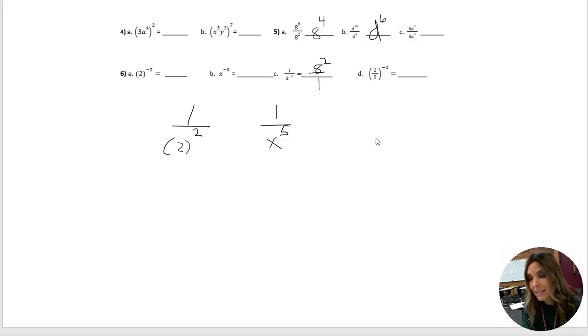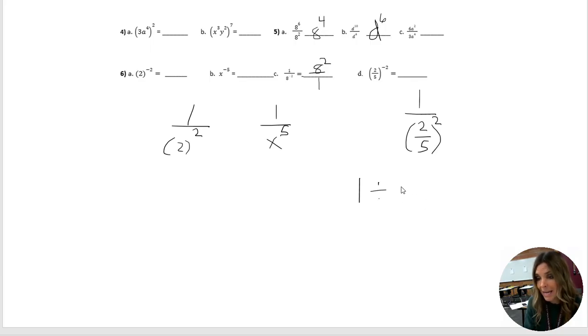And then on the last one, D, I gave you this if you wrote it as 1 over 2 to the 5th to the positive 2. But really this, if I take 1 divided by 2 over 5 to the positive 2.